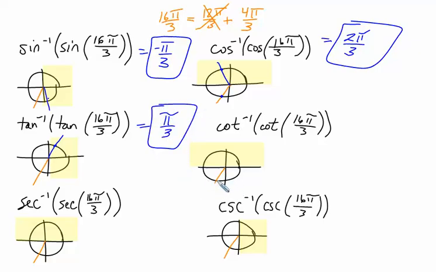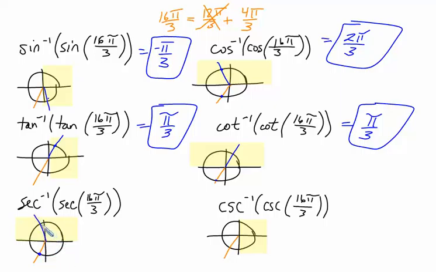Over in this problem, the cotangent down at this angle would be a positive radical 3 over 3. Which angle in the highlighted region gives us the same cotangent? Well, that'll be up here, also at positive pi over 3. Next problem, with secant, we really care about cosine, which is the x-coordinate. So the question is just which angle on the unit circle would give us the same x-coordinate here?